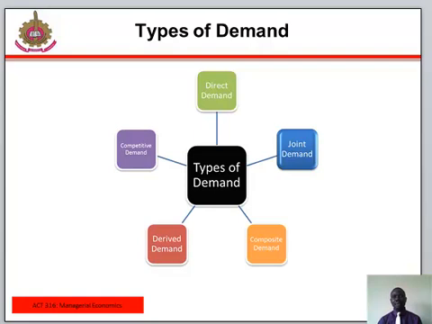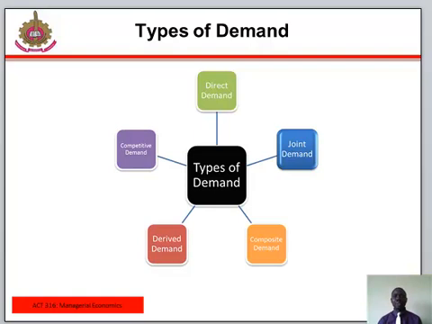The various types of classification of demand can be explained through the diagram displayed on the slide. As you can see on the slide, the diagram is telling us the different types of demand, which are direct demand, joint demand, composite demand, derived demand, and competitive demand. Let's now explain them one after the other.